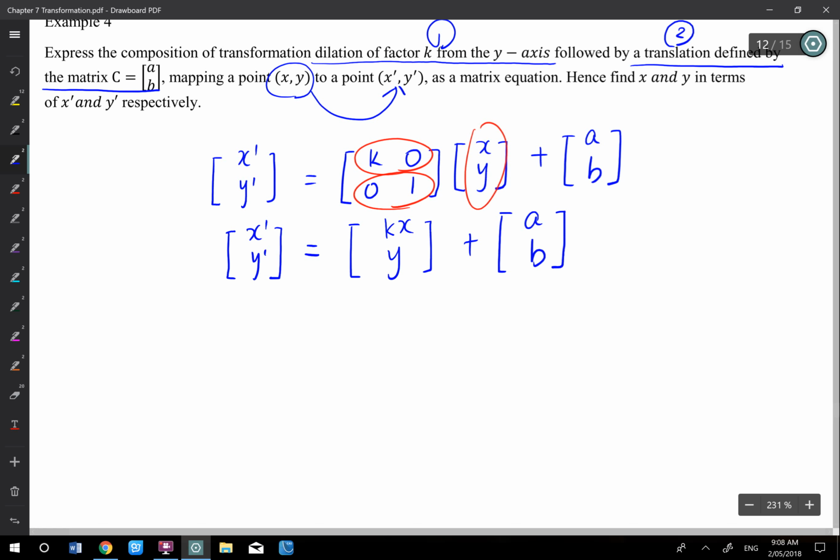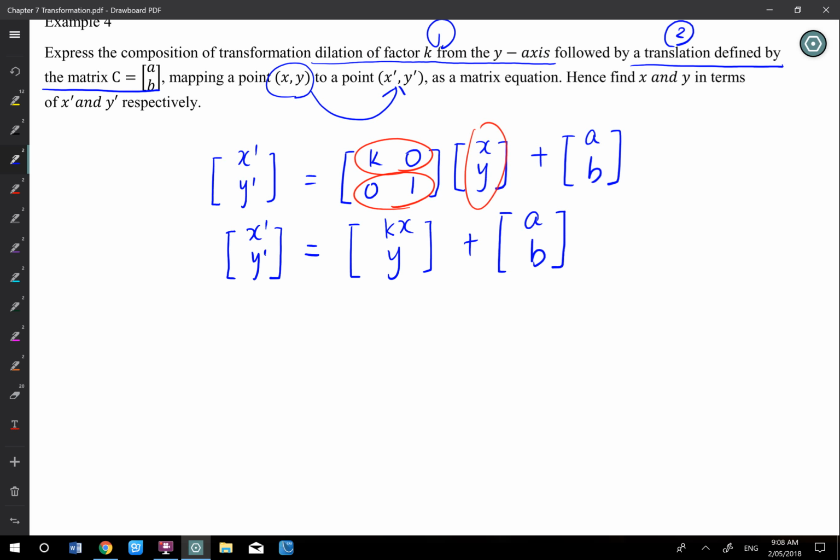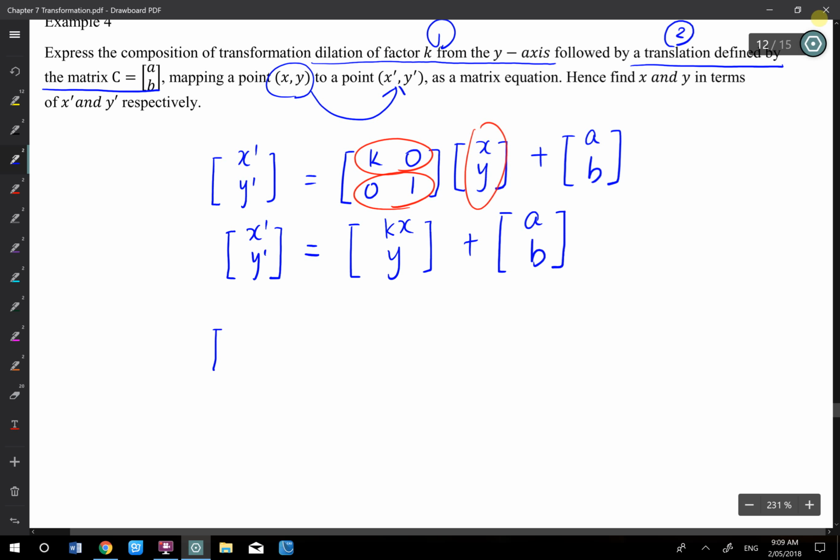Okay. Next question is, when can two matrices be added or subtracted? Same size, or same dimension. So on the right hand side, those two have the same size, so I can add them.